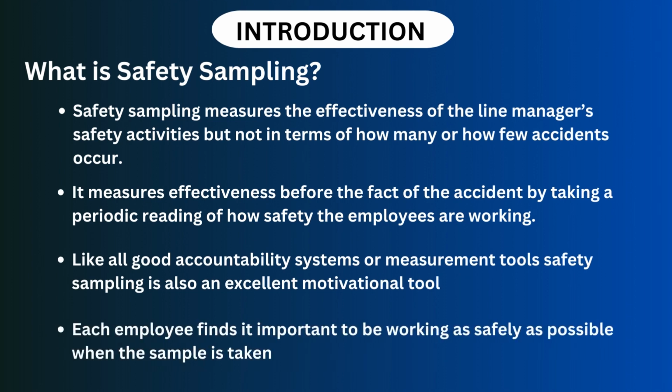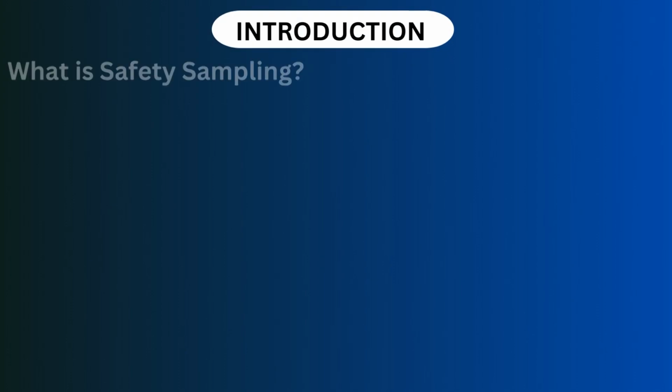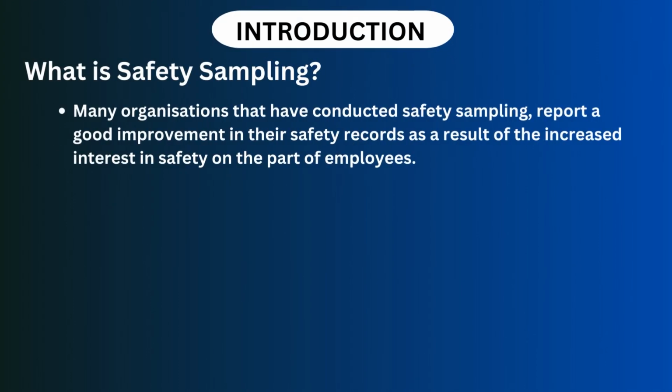Each employee finds it important to be working as safely as possible when the sample is taken. Many organizations that have conducted safety sampling report a good improvement in their safety records as a result of increased interest in safety on the part of employees.